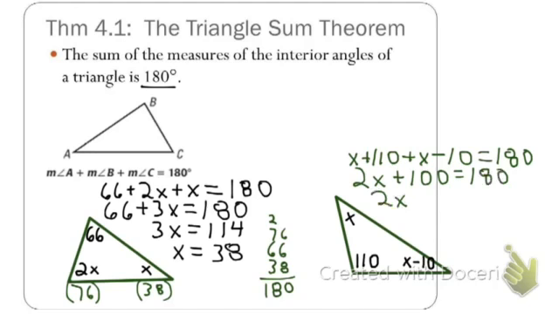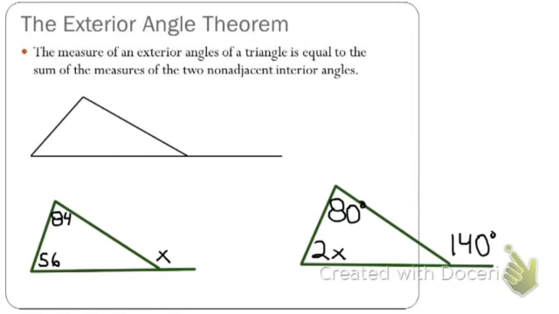I get 2x equals 80, so x equals 40. When I plug it back in to find each of the angles, I get that this angle is 40, and this angle is 30, and if we look real quick, 40, 110, and 30 do add to 180, so we know that fits, and this would actually be an obtuse triangle.